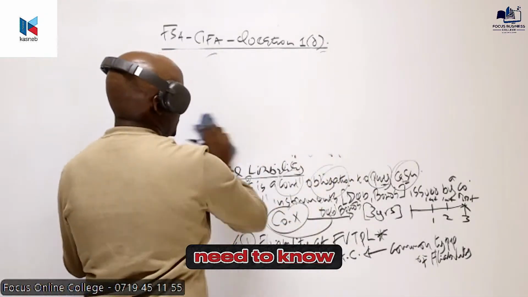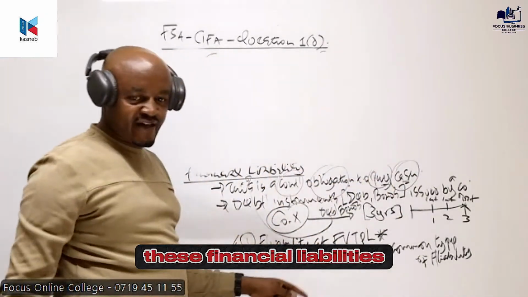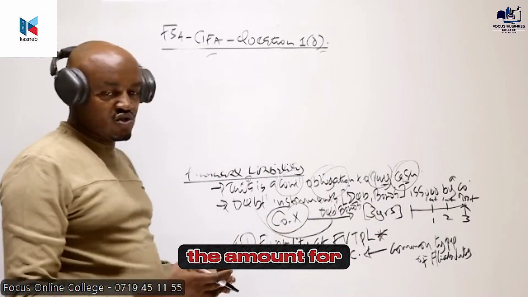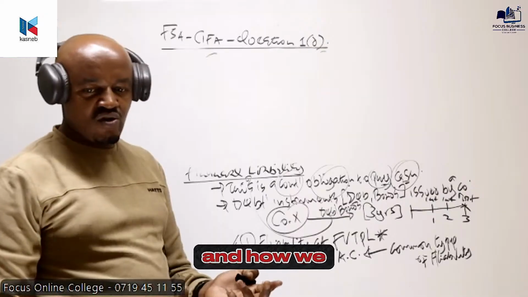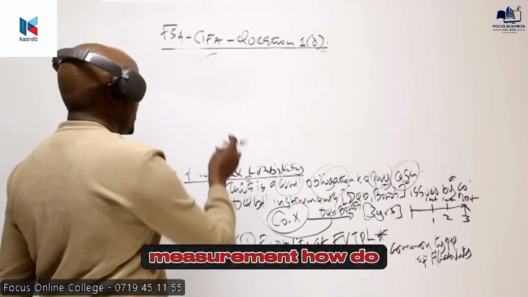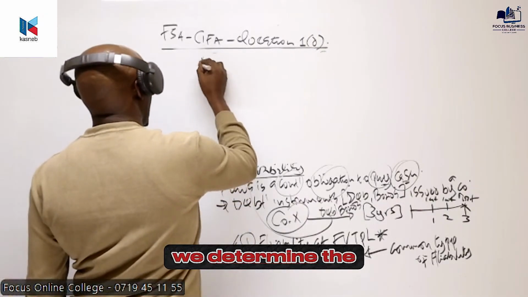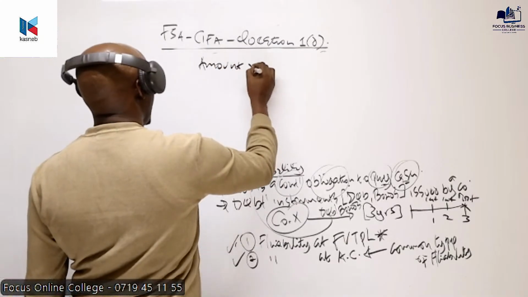Now, what you then need to know, as far as these financial liabilities are concerned, are two things. The amount for initial recognition, how do we determine that, and the amount for subsequent measurement.